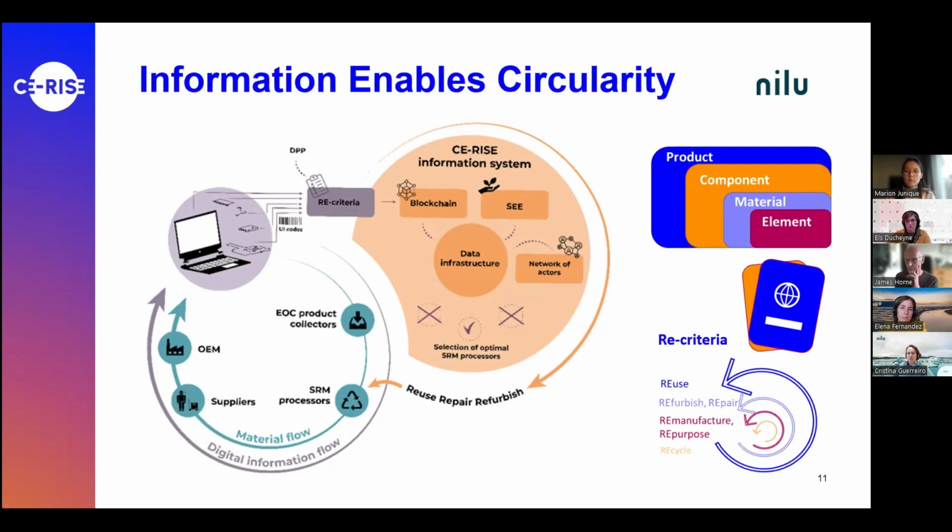DiCE is also developing procedures and tools to calculate the social, economic, and environmental footprint of products. And all this information is added to the DiCE digital product passport and transferred along the value chain to empower actors and consumers to make sustainable choices based on the product's environmental impact and circularity potential.